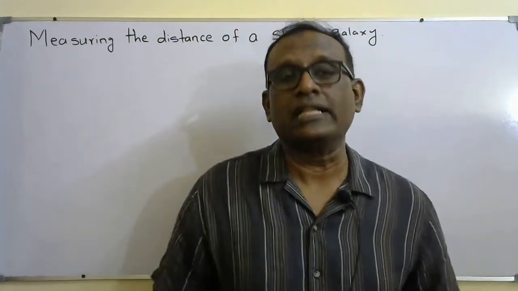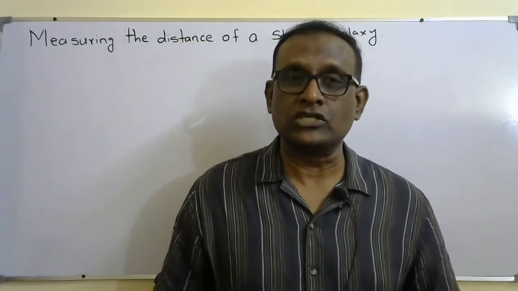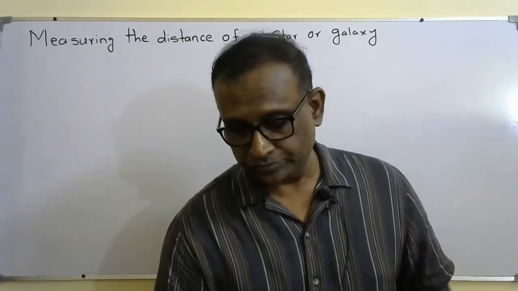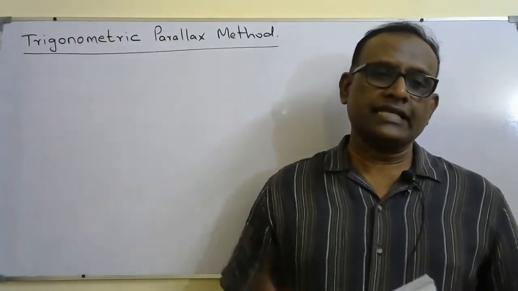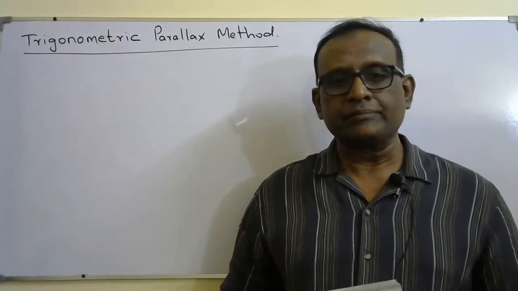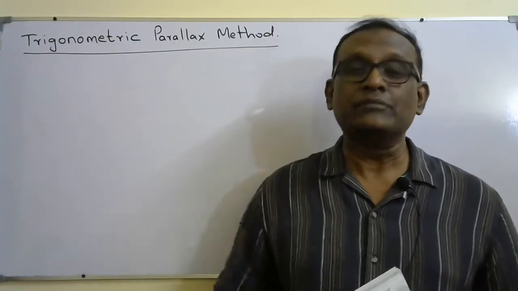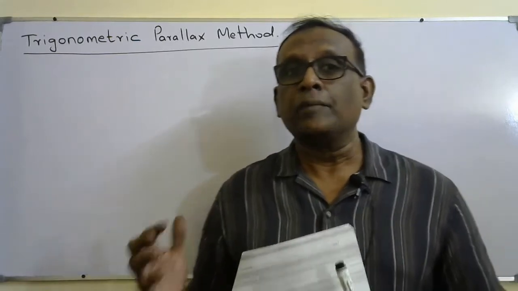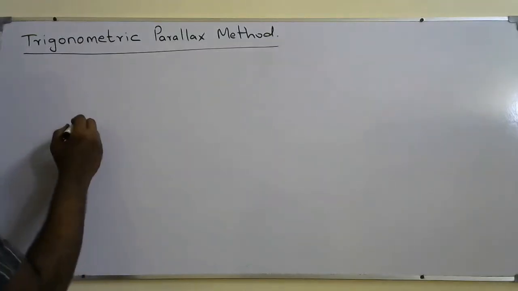You can use the trigonometric parallax method only up to a distance of 100 parsec. Normally, this method is used to measure the distance of nearby stars, meaning up to a distance of 100 parsec. You know the method we use; here, this is the Sun.